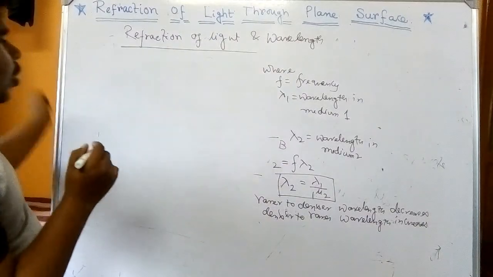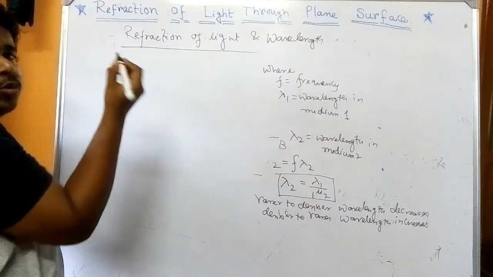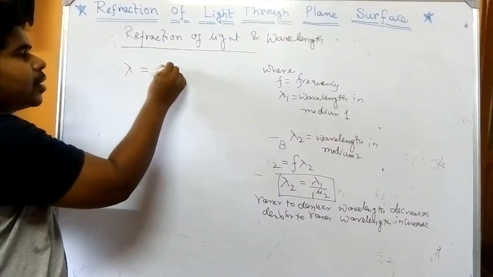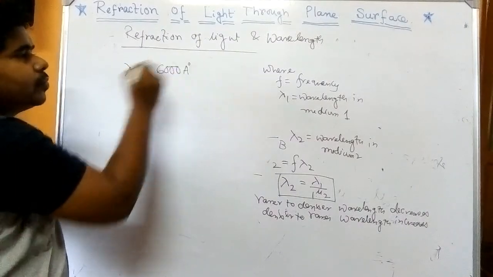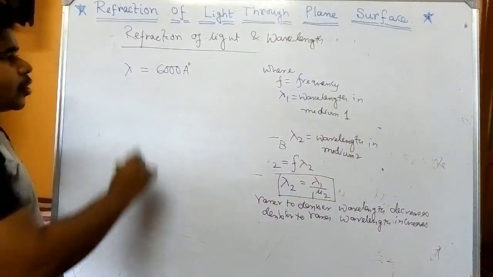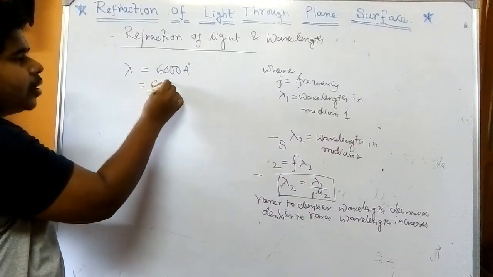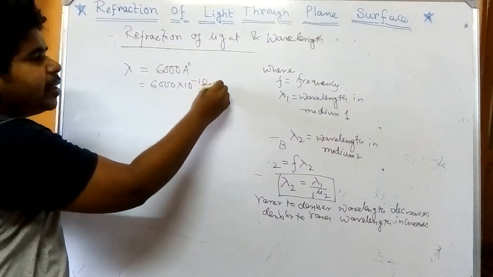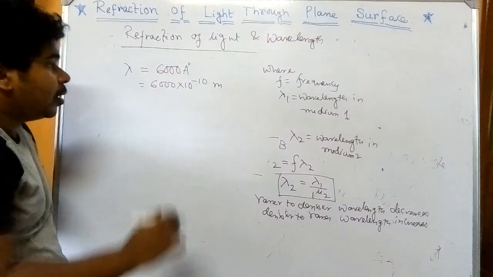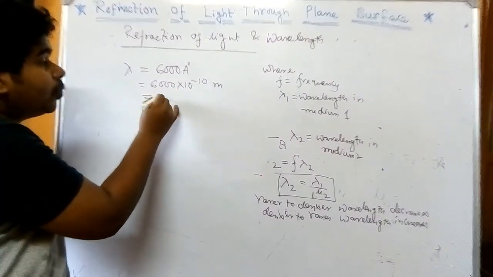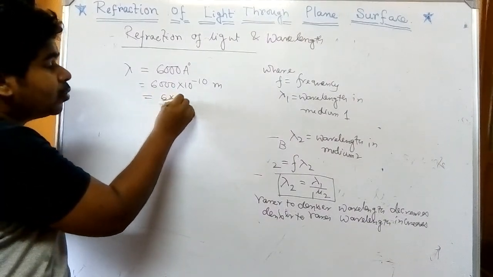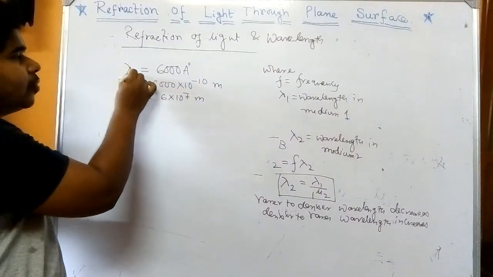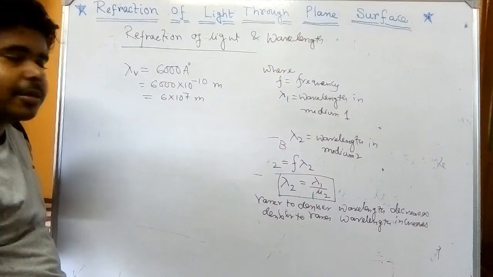Assume in vacuum the wavelength is 6000 angstrom. 6000 angstrom means 6000 into 10 to the power minus 10 meter, which is 6 into 10 to the power minus 7 meter. In vacuum, we can denote it by lambda v.